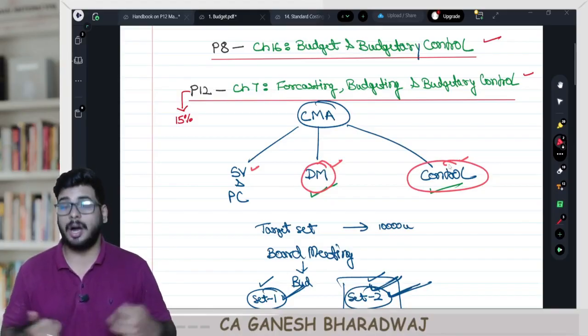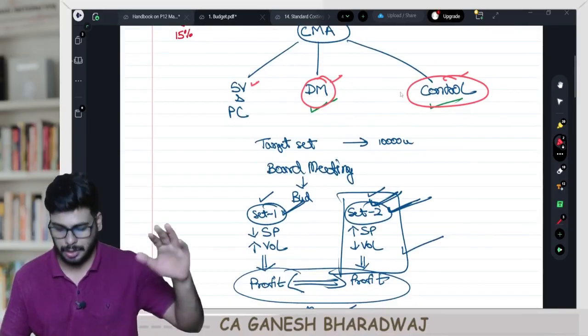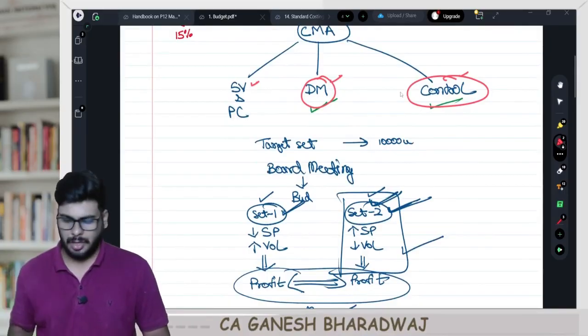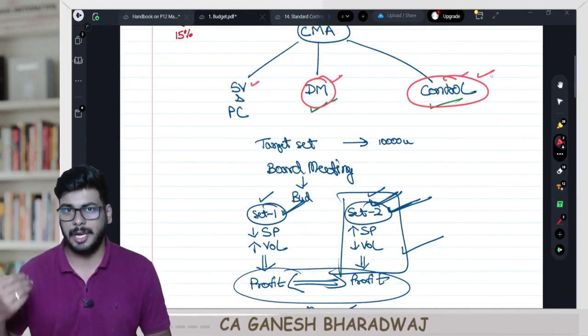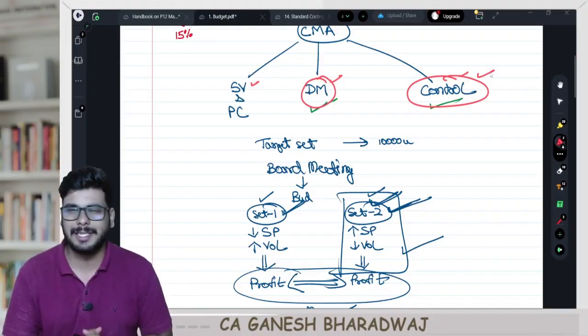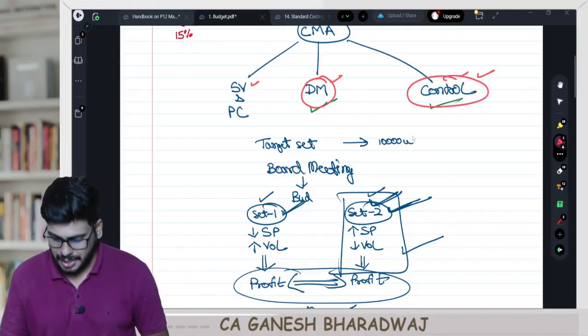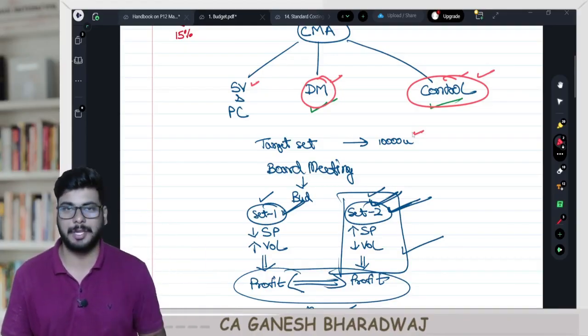Now, sir, how does it go on to achieve the 2 objectives of decision making and control? First of all, with respect to how we can say that budgeting helps you achieve the objective of control, yes, you guys can already easily guess this. Let's say I am budgeting that we need to produce and sell 10,000 units in the upcoming financial year or a particular period, right?